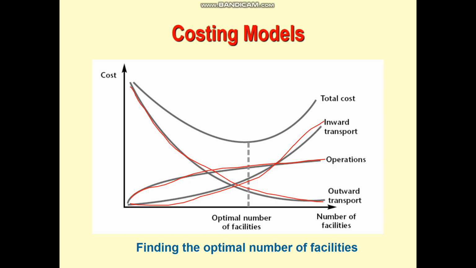So the total cost line is like this. We can find this point is the point that gives the smallest cost, so we can find the optimal number of facilities that gives the smallest cost.